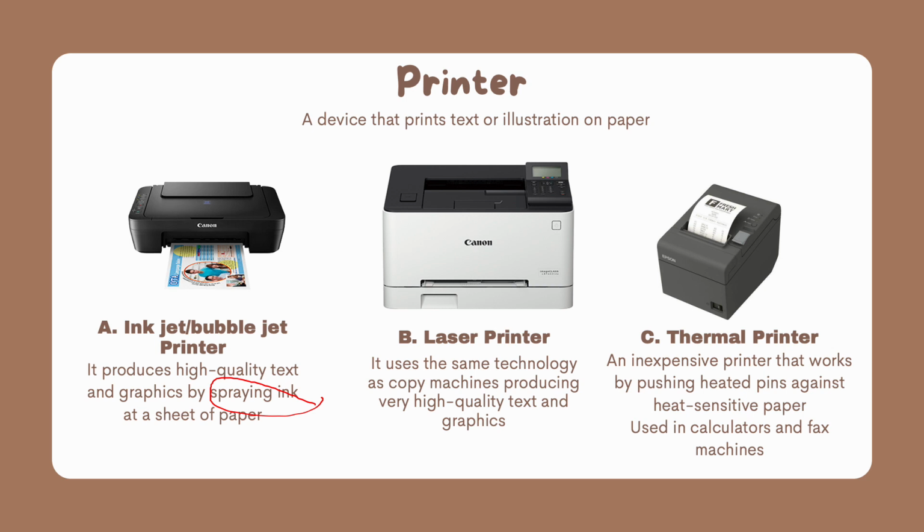Next, letter C, thermal printer, an inexpensive printer that works by pushing heated pins against heat-sensitive paper, used in calculators and fax machines. The thermal printer is commonly used in supermarkets to print our receipts. If you notice, the receipts in supermarkets, malls, or on buses use thermal paper. On the smooth part, when you scratch it, it turns into a colored block.